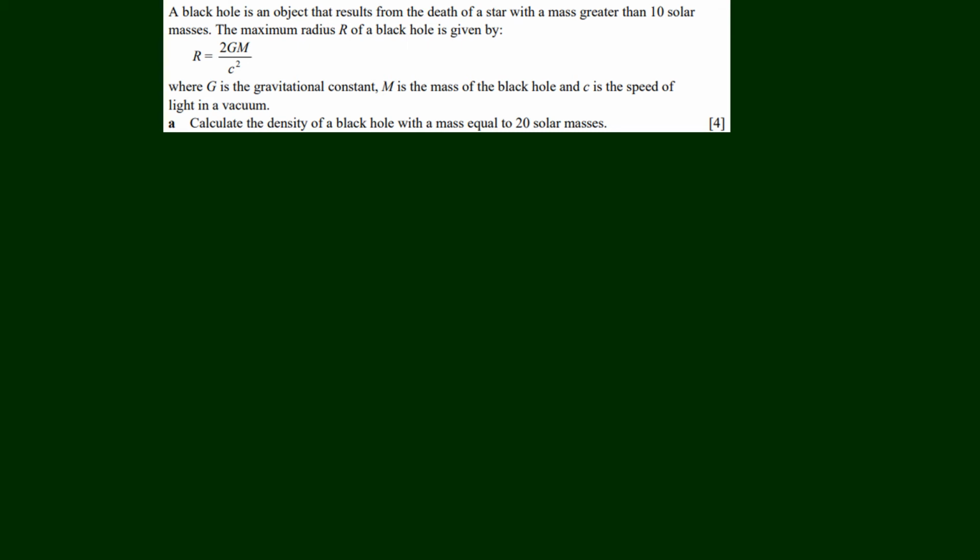You're given the equation for the Schwarzschild radius, 2GM over c squared, and we know that the density is mass over volume. So all we need to do is find the radius, substitute into the equation, then calculate the density. So we'll do that on the board.